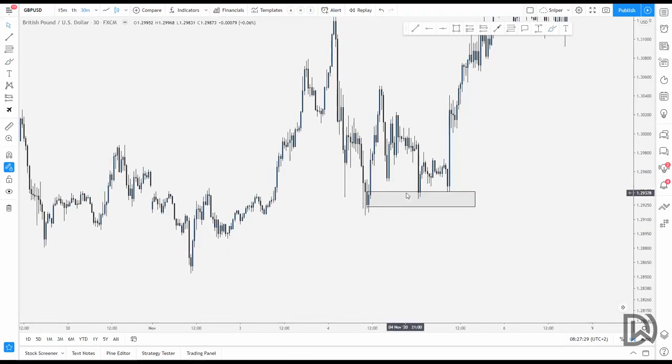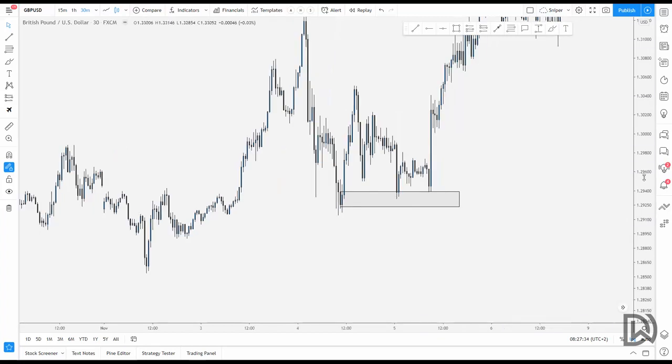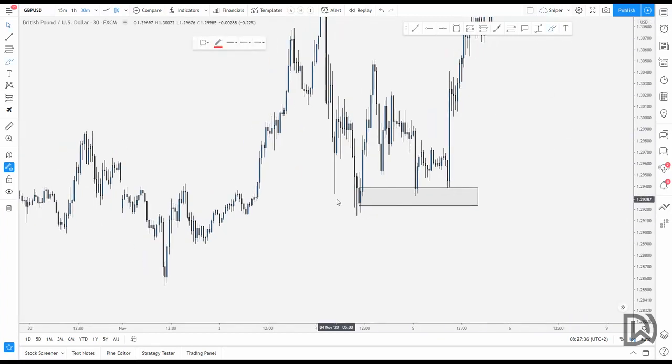Okay, here we have an example of a bullish order block. Let me just zoom in a bit. We have a down candle over there, followed by two up candles covering the range of that candle. So that is our order block. Now we can see how price pushes up above it.